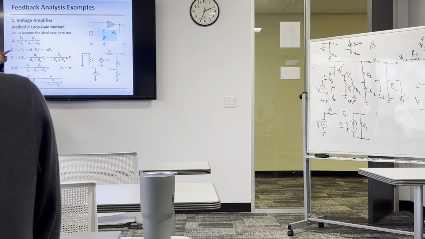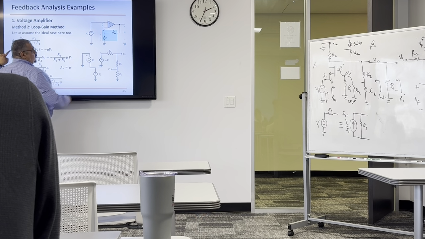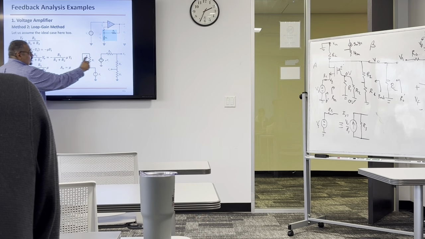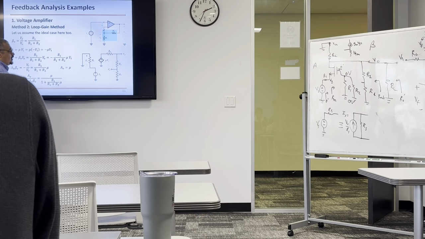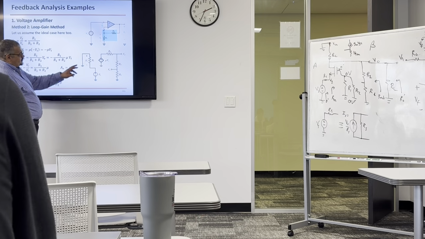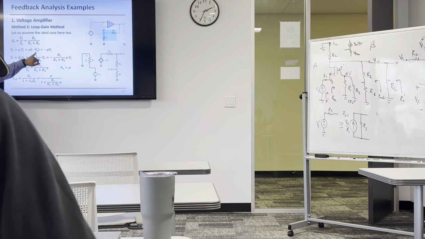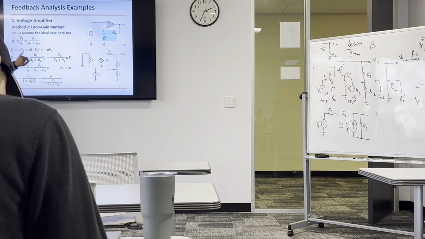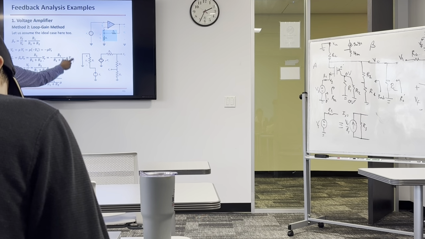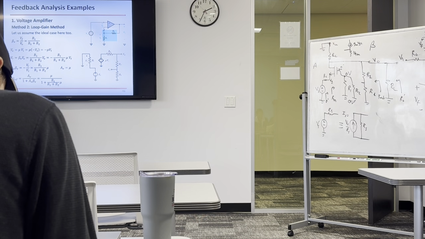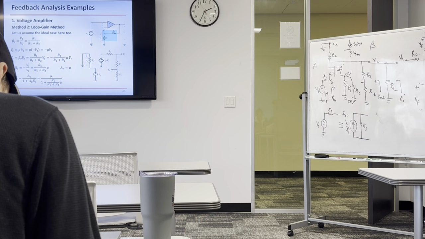So V out is the same as mu Vi. What's Vi? Vi is the voltage across RI, so it is the same as VT but with a negative sign. So Vi is negative VT. You substitute it here, you get minus mu VT. You substitute this one here, you get minus R1 over R1 plus R2 times mu times VT.